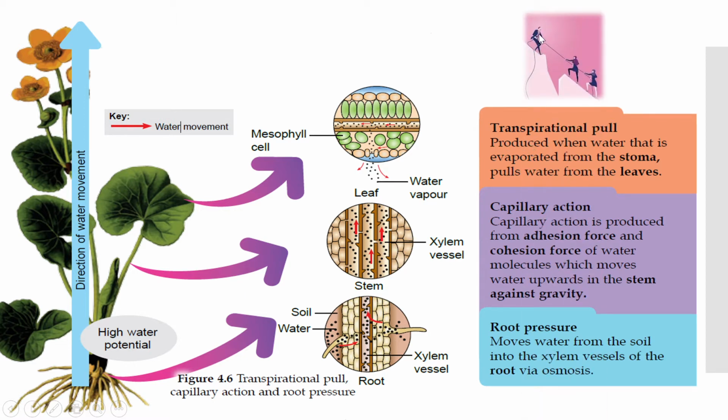Can you imagine that this is the pulling which is from the top? Whenever this water vapor evaporates out to the surrounding, there are some empty spaces, and it's going to pull the subsequent water molecules here to fill the gap, and then it continues as the rate of transpiration increases. Another picture. Can you imagine the transpirational pull from above?